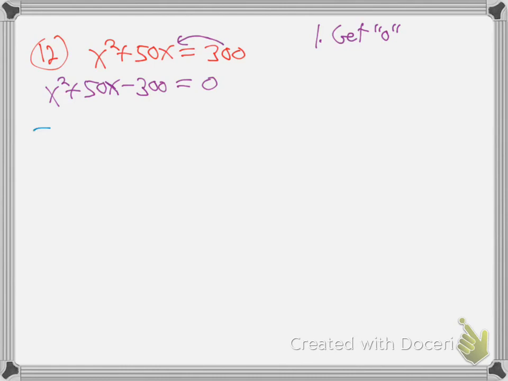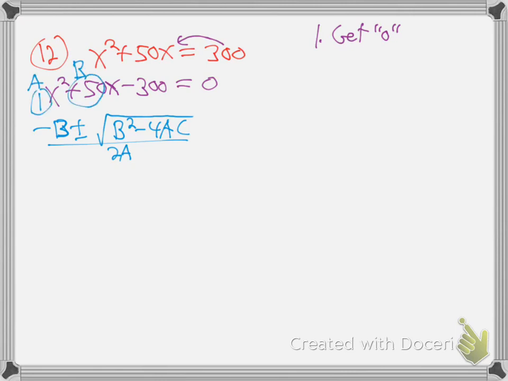So I'm just going to dive right into the quadratic formula. Negative b plus or minus the square root of b squared minus 4ac all over 2a. All right, this is a is 1, b is 50, c is minus 300.